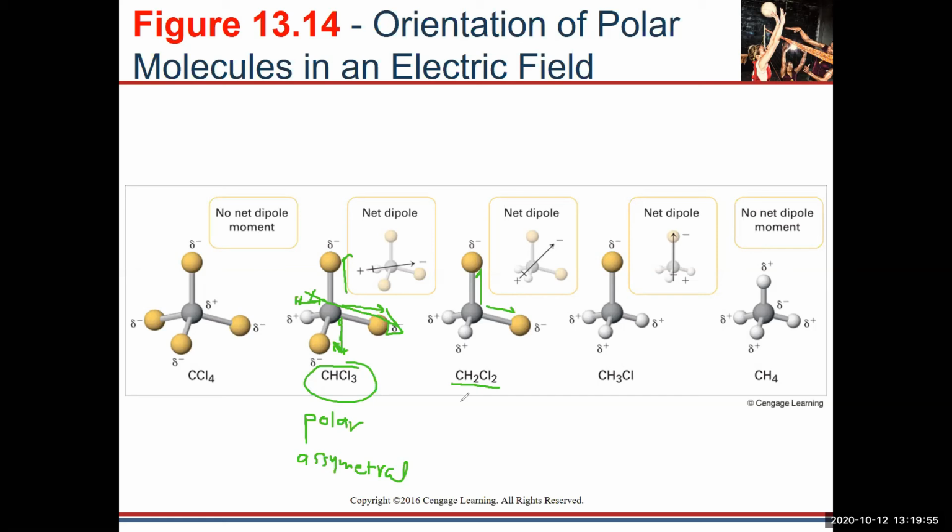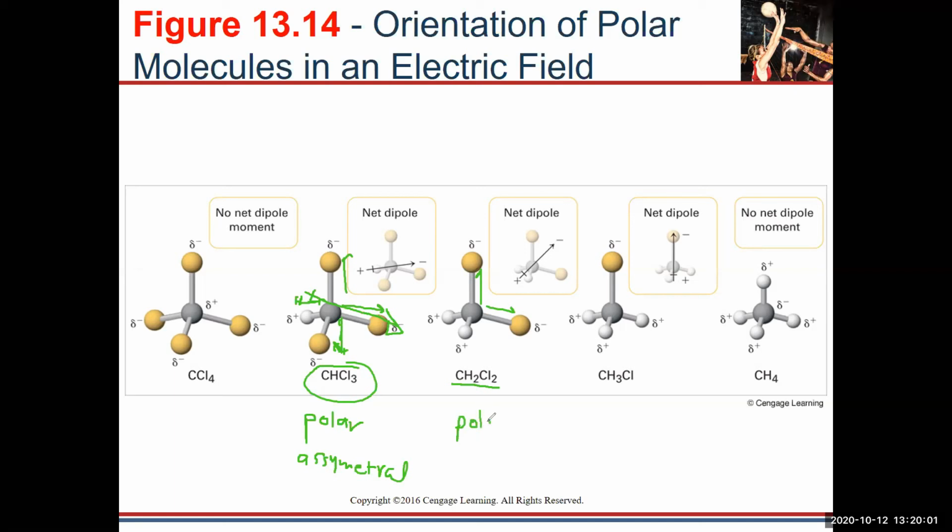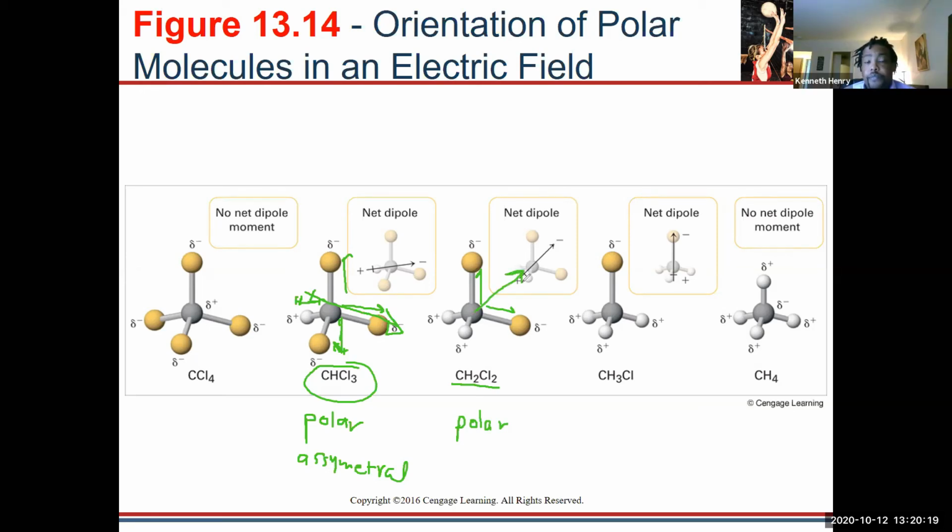Would it be polar? It is going to be polar. The reason why I think that is because they're both pulling towards one side, and there's no other pull going against it to keep it in that one area. That's right. So your net dipole moment will be going between the two fluorines.